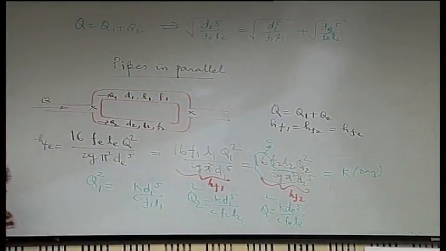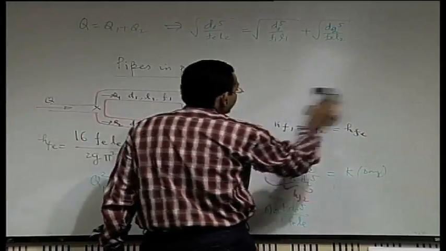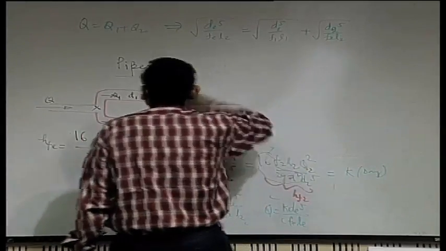Okay, the other terms get cancelled out. So these are expressions for the relationship between the equivalent and the original ones in terms of the respective diameters and the friction factors.